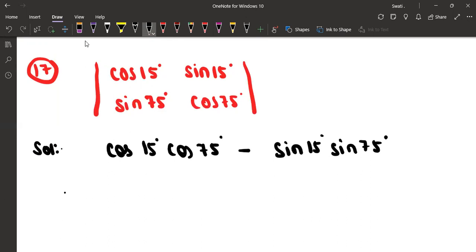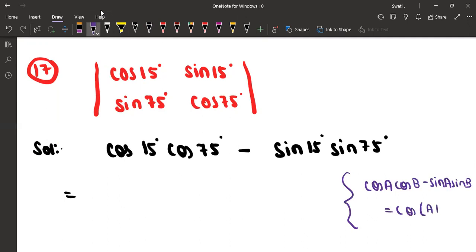Now I can write down the formula here, and that is cos A, cos B, minus sine A, sine B. This has a formula, cos of A plus B. So using this formula, this will become cos of A plus B, where A here is 15 and B here is 75, right? So this is our A and this is our B.